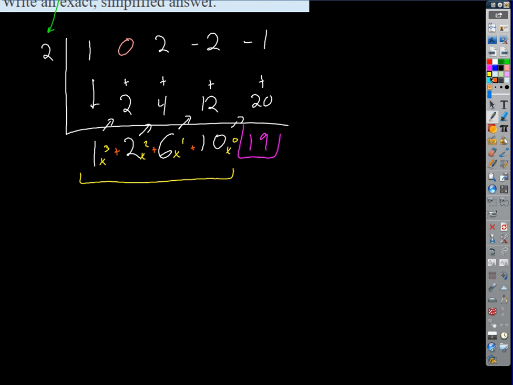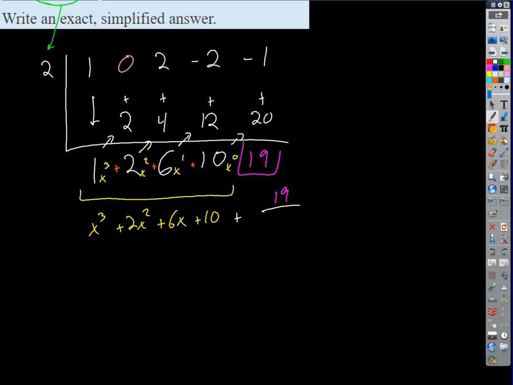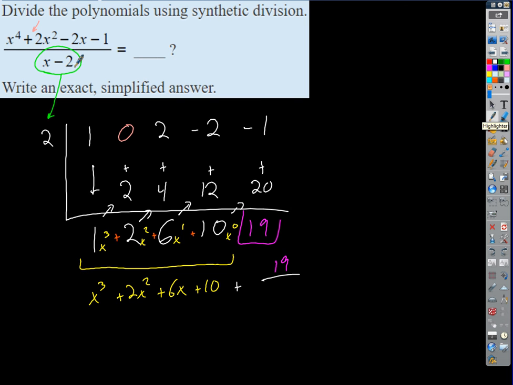So it looks like x cubed plus 2x squared plus 6x plus 10 plus 19 over x minus 2. Okay, you see how that works?